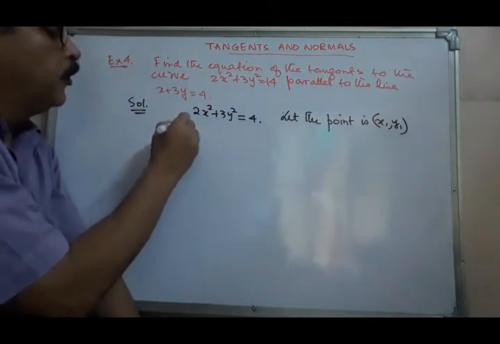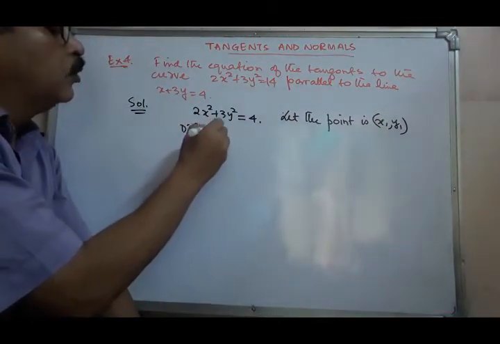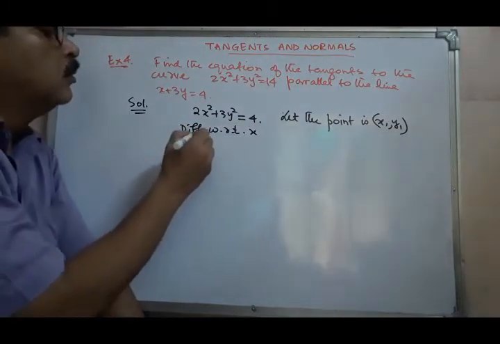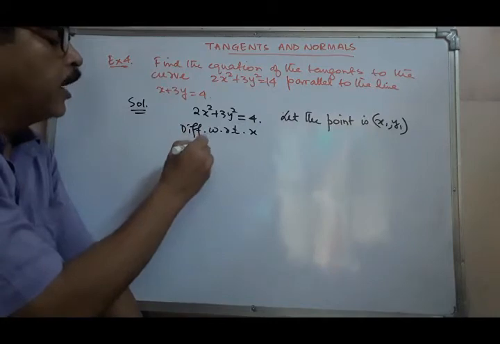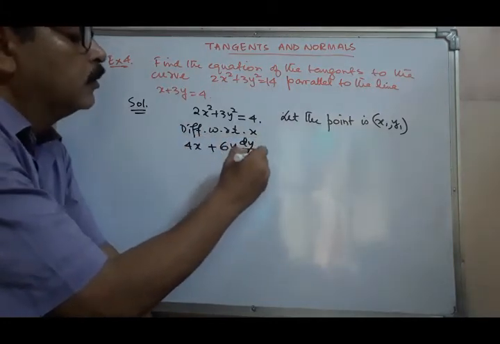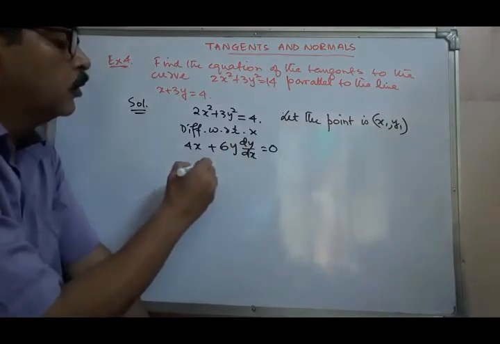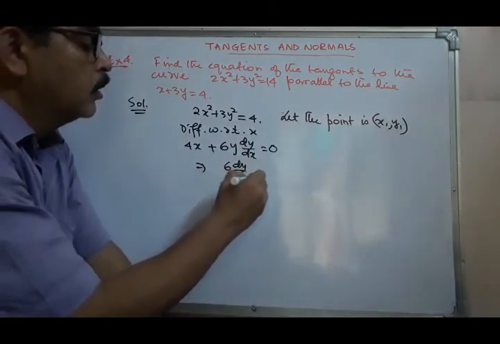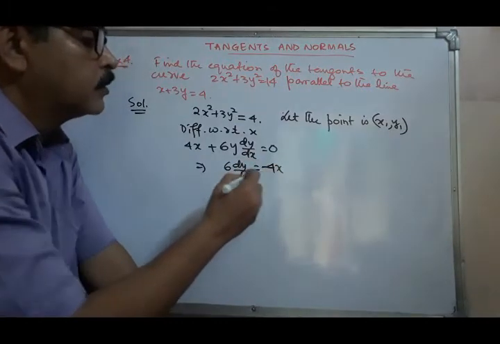So differentiating with respect to x, we get 4x plus 6y dy by dx equal to 0. It means 6y dy by dx equal to minus 4x.